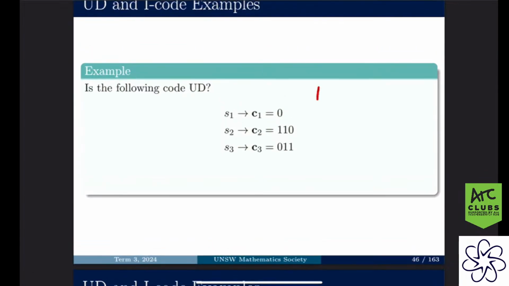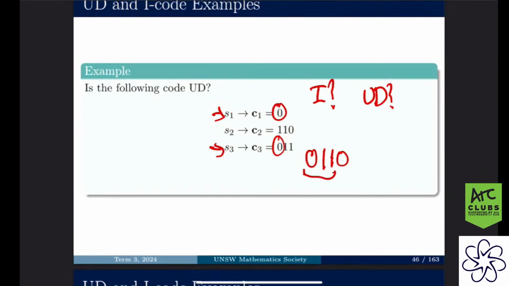Cool. What about this code? Is it instantaneous? I'm going to say the answer is no, because S1 is a prefix of S3. Is it uniquely decodable? That's an interesting question. It turns out it is not uniquely decodable. The way that we show that is to find a counterexample. I'm going to use the counterexample 0, 1, 1, 0. Now, if I read it, I'm figuring out how to use the pen, so I'm left-handed.